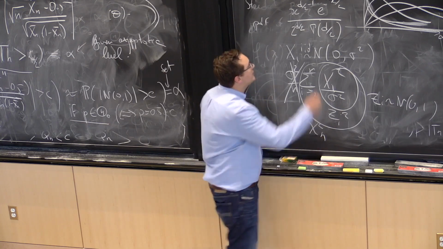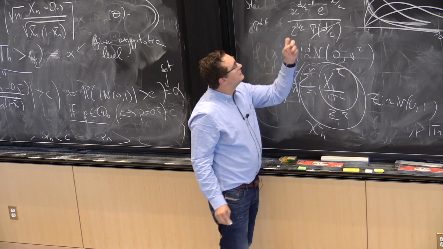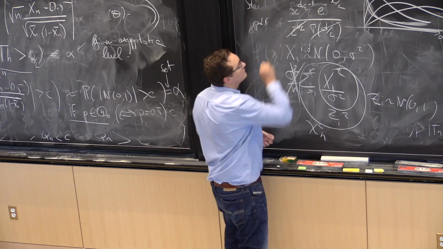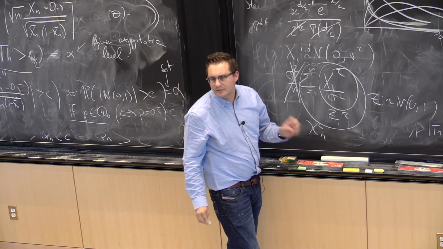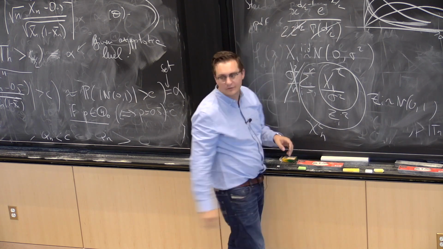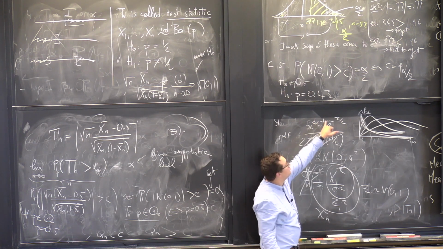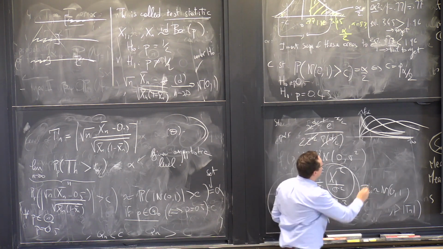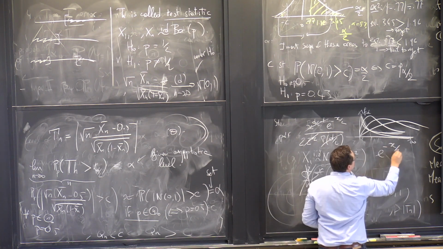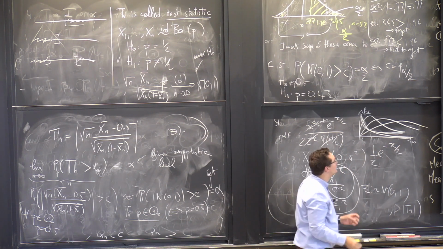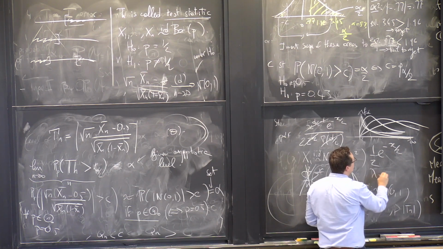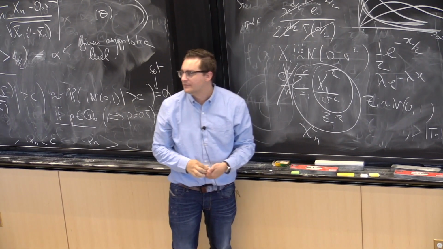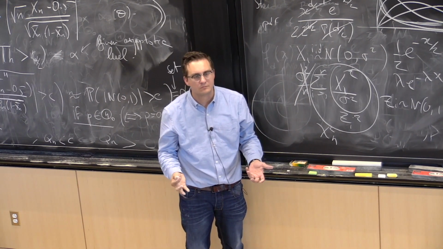So this guy goes away. 2 to the d over 2 is 2 to the 1, so that's just 2. OK? Then x to the d over 2 minus 1 is x to the 0, goes away. And so I have 1/2 e to the minus x over 2, which is really indeed of the form lambda e to the minus lambda x, for lambda equal to 1/2, which was our exponential distribution. OK?